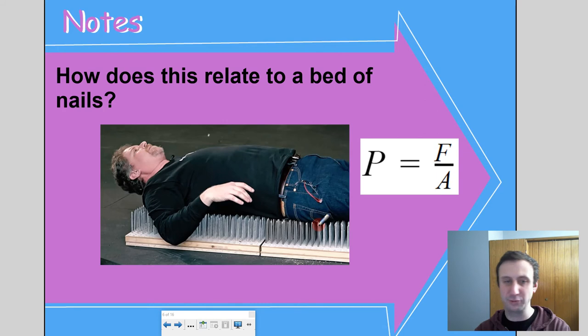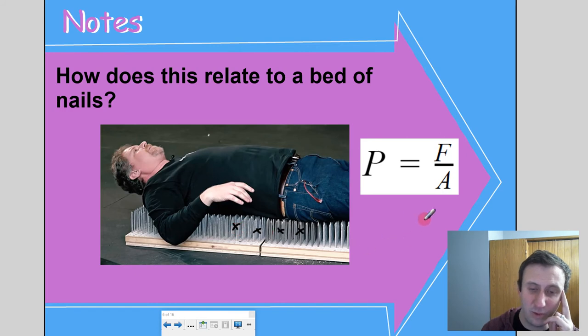How a bed of nails works is that I have so many nails that when I add together the area, it is quite high. So as a result, the pressure is brought down. As I take out more and more of these nails, well, then the area that is in contact between the person and the bed of nails is going to be smaller, which is going to result in larger pressure.